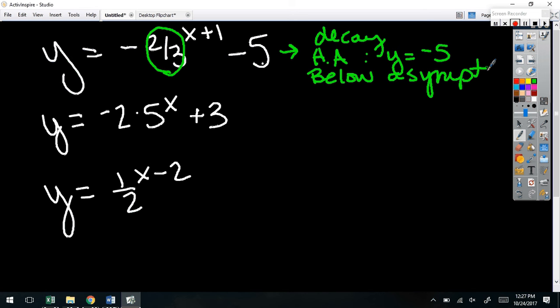Negative 1 plus negative 5, which is negative 6. (H, A plus K).